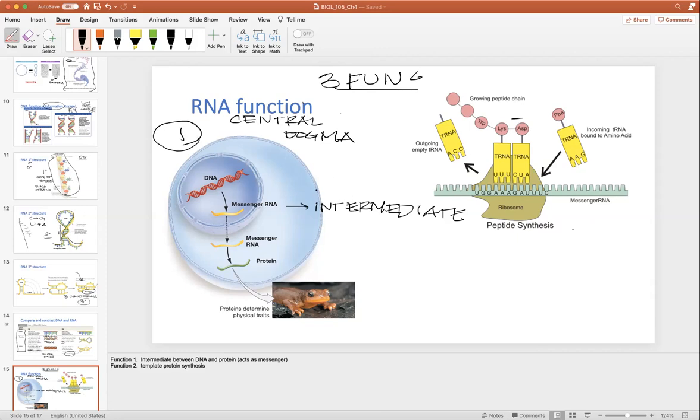RNA has now acted as an intermediate between DNA and then the proteins that it will later be translated into. So that's the first function of RNA. The second function of RNA is that it acts as a template for protein synthesis.